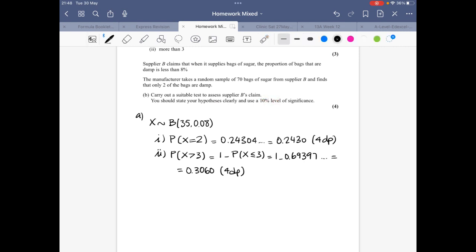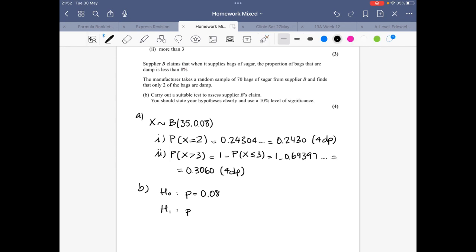So our hypotheses are going to be always H0: p equal to the probability that we think, or we don't, so this one, and then always with the equal, and the other one, H1, is going to depend on the question. In this case, they say supplier B claims that the proportion of bags that are damp is less than 8%.